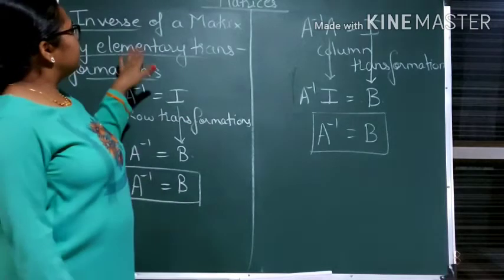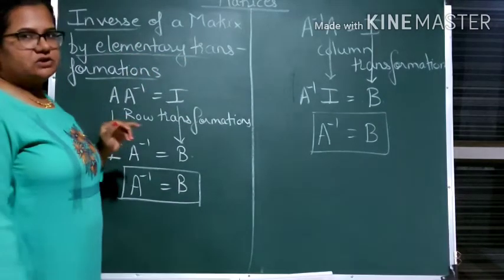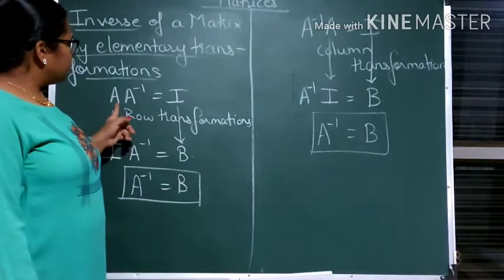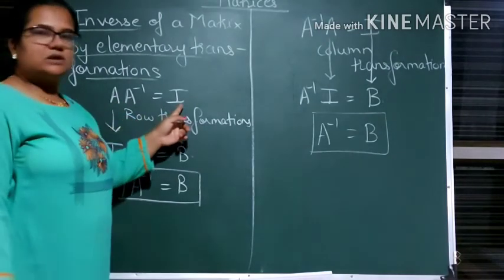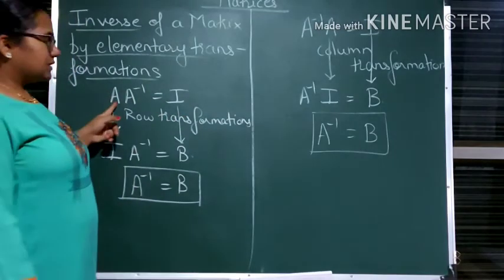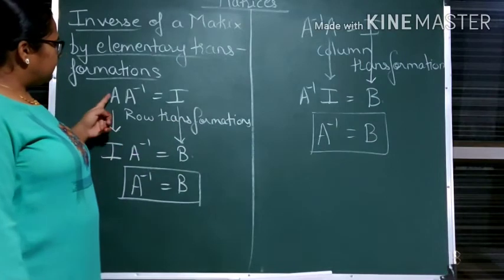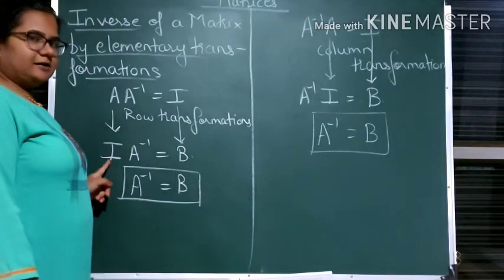Now, in that we will see the first method. It is called by elementary transformations. So, we know the definition of inverse of a matrix. A into A inverse is equal to I. So, what we have to do here, on this square matrix A, we will have to apply row transformations and convert this matrix to an identity matrix.